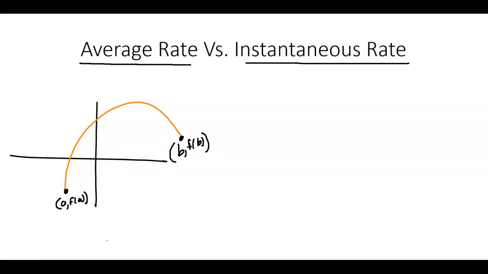And so the average rate of change is basically the slope of the secant line.